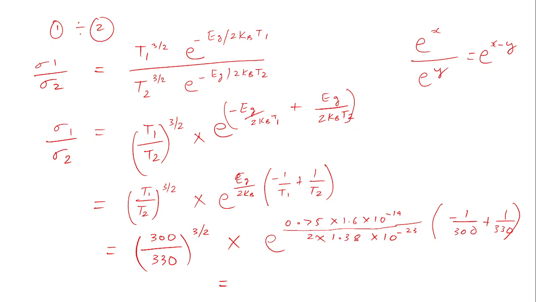300 divided by 330 to the power 3 by 2. This will be 0.8668, and e to the power, when we solve all this, divided by 0.75, 1.6, 19, divided by 1.38.